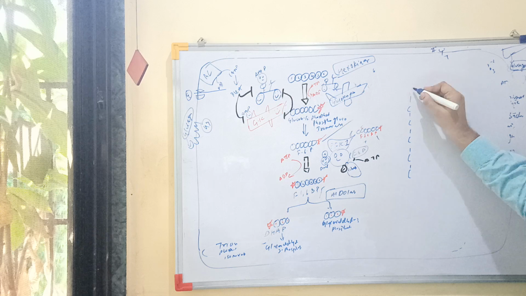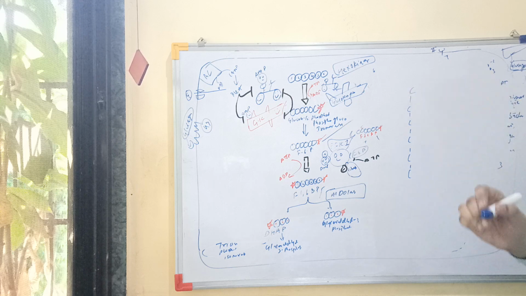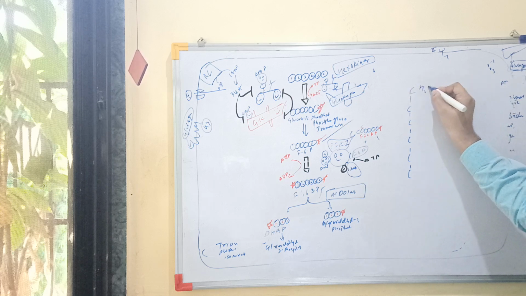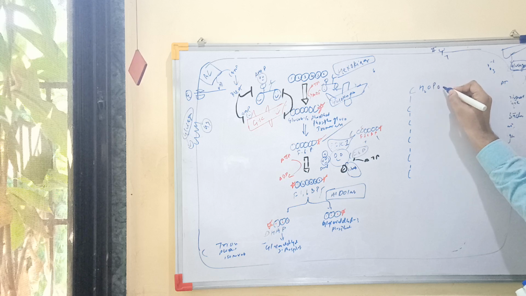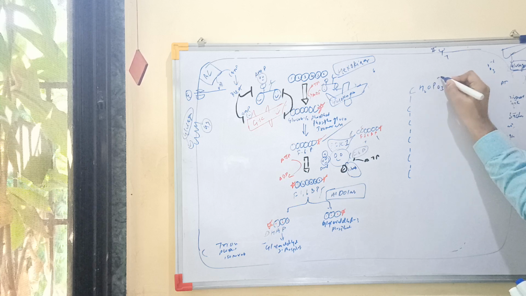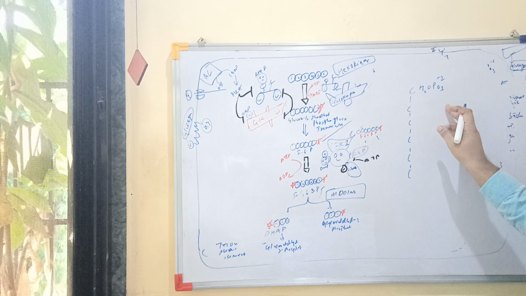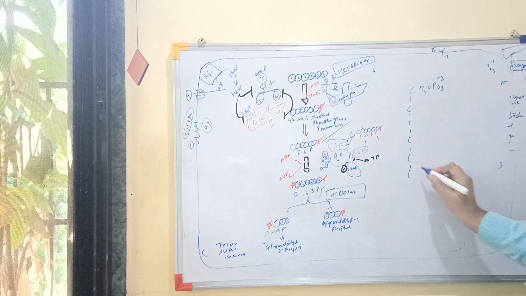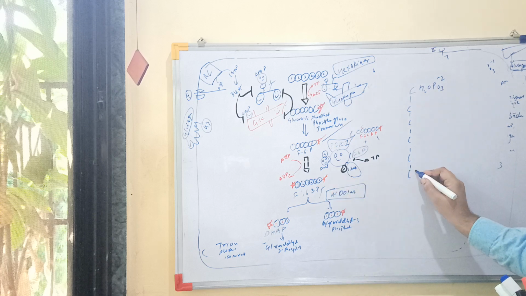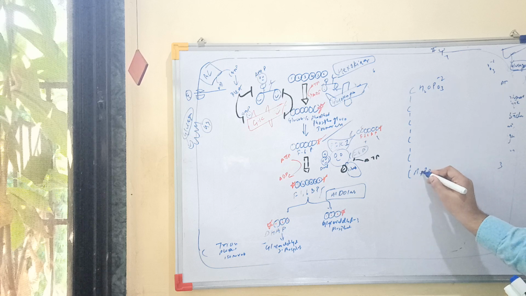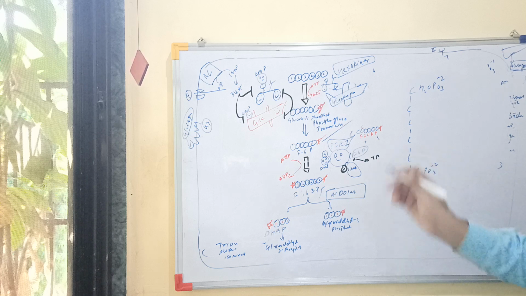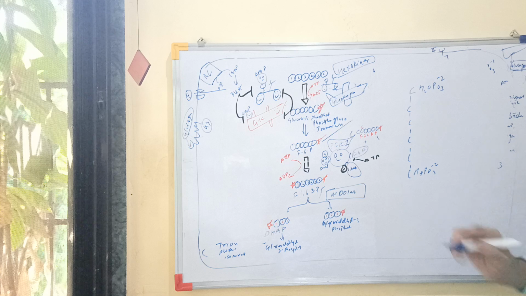Your fructose is a 6 carbon molecule, with phosphate at the first carbon and at your 6th position, correct?